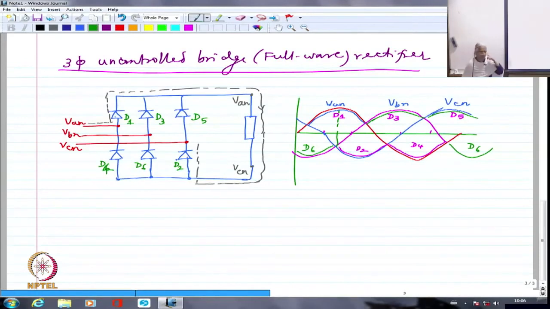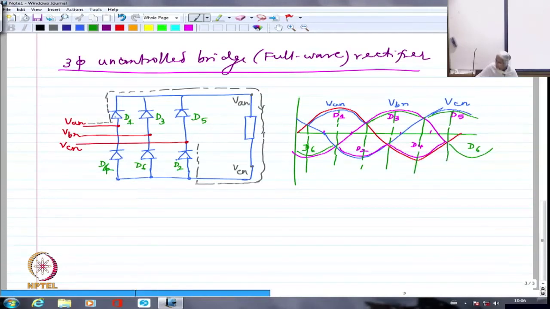They are uncontrolled devices. So if I try to write what devices conduct at what time, let me divide this into every 60-degree interval. I have just divided them into 60-degree intervals.